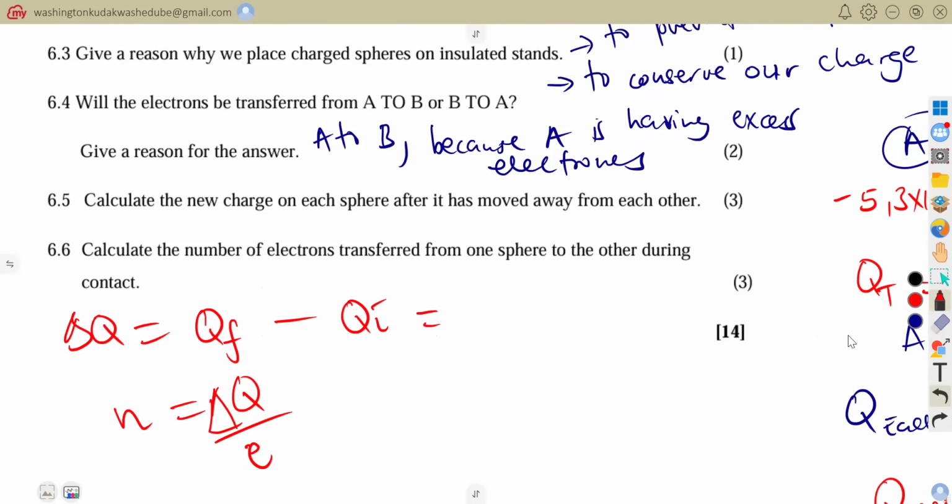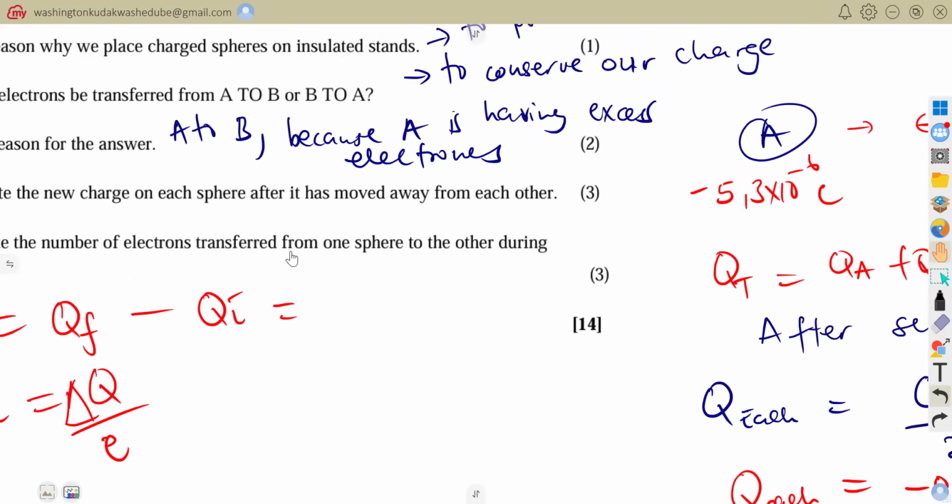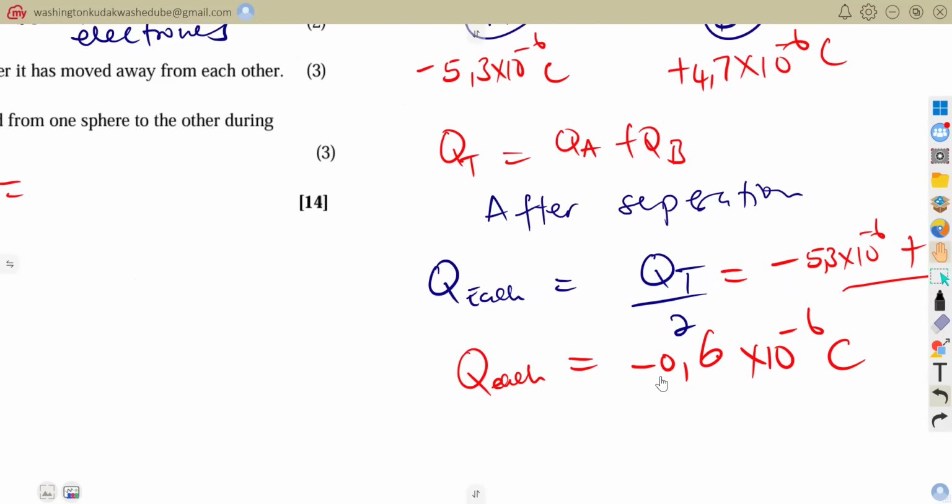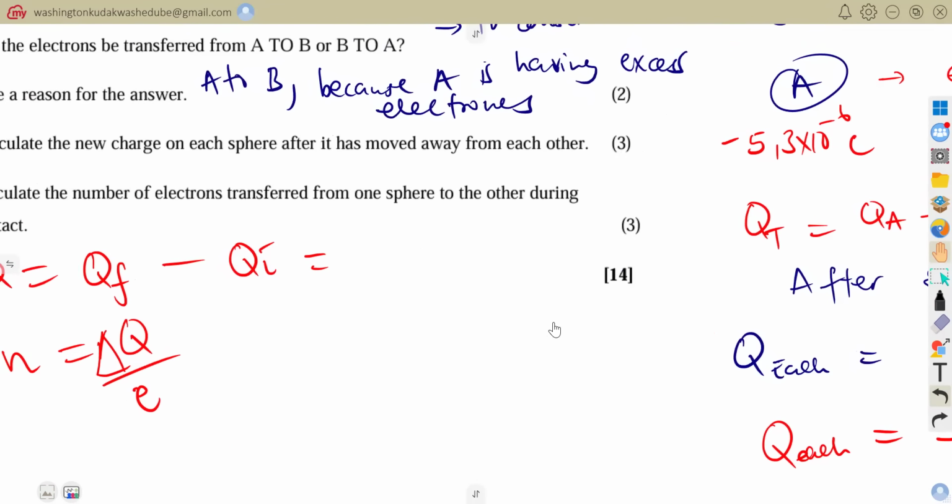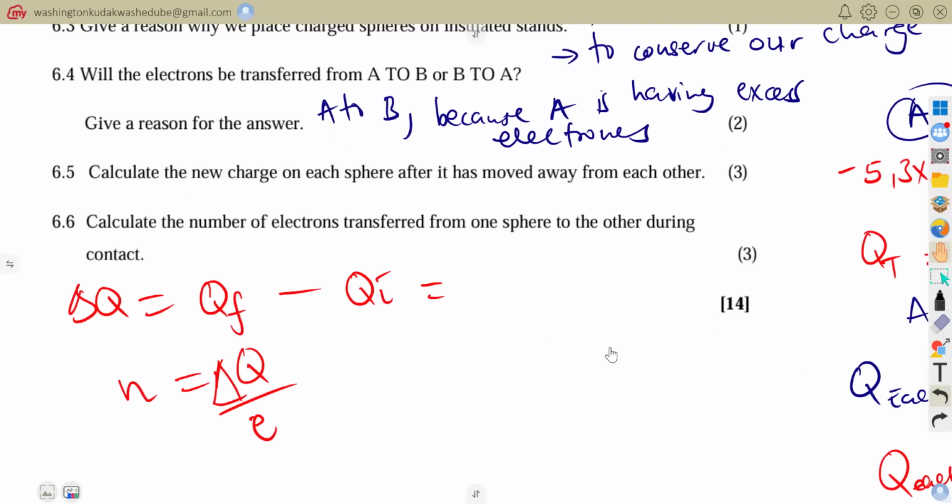So what is the change in charge there? The change in charge becomes the final charge. We said the charge that we have now found, finally, is negative 0.6 times 10 to the power negative 6.